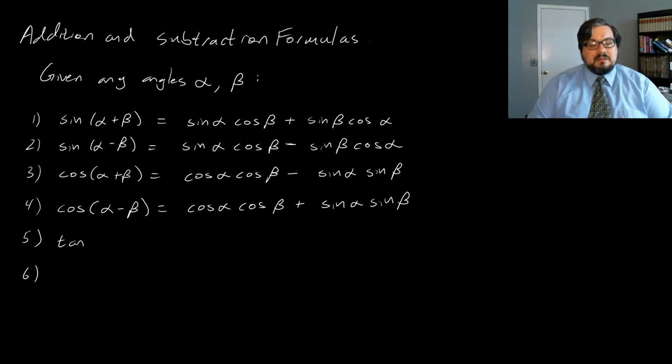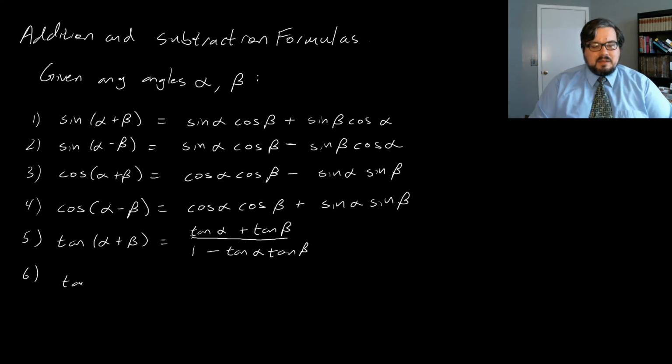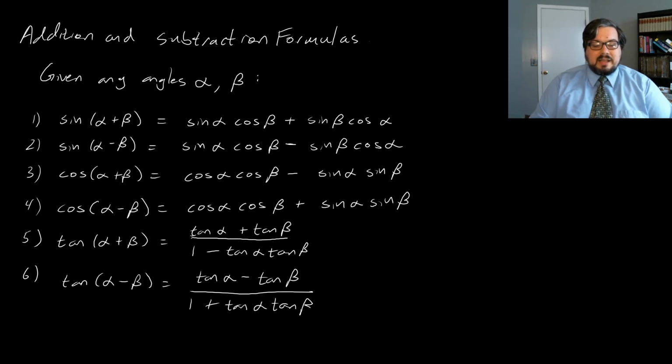And then finally, for tangents, we have tangent of alpha plus beta is equal to tangent of alpha plus tangent of beta divided by 1 minus tangent of alpha times tangent of beta. And then tangent of alpha minus beta is equal to tangent of alpha minus tangent of beta all over 1 plus tangent of alpha tangent of beta.